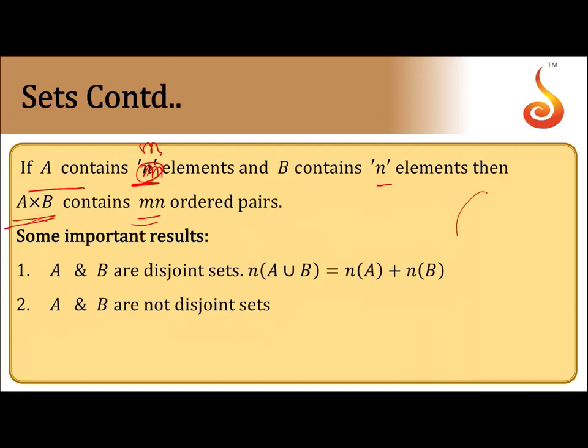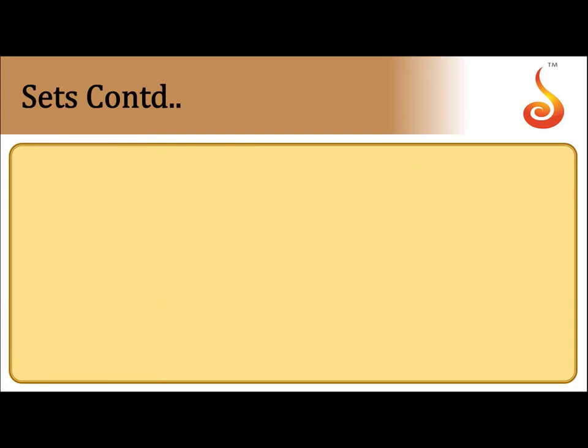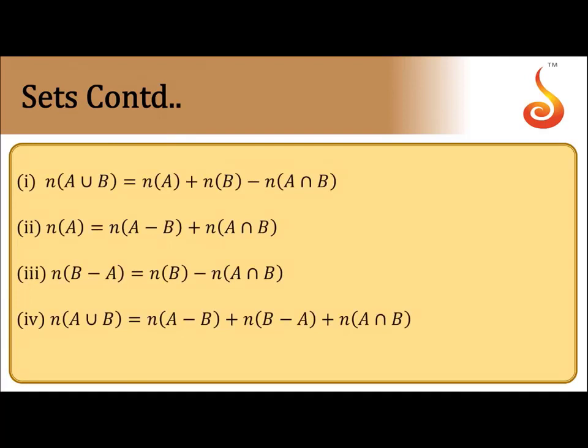Of course, when I take two sets which do not have any common elements, meaning A intersection B is equal to empty set, in that case the number of elements of the union is equal to n(A) plus n(B).